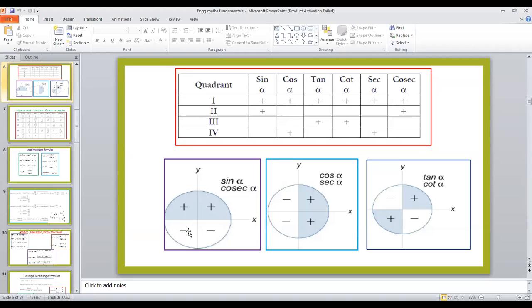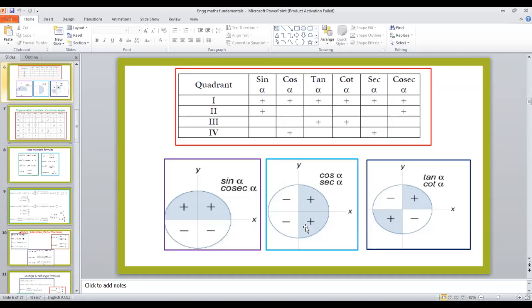आता 2 मध्ये आलो आपण, third quadrant. T means tangent. Only the tan trigonometric ratio is positive in the third quadrant. When tan is positive, definitely cot is positive because cot is related with tan. In this shaded portion, that is the first quadrant as well as the third quadrant, these two ratios are positive.